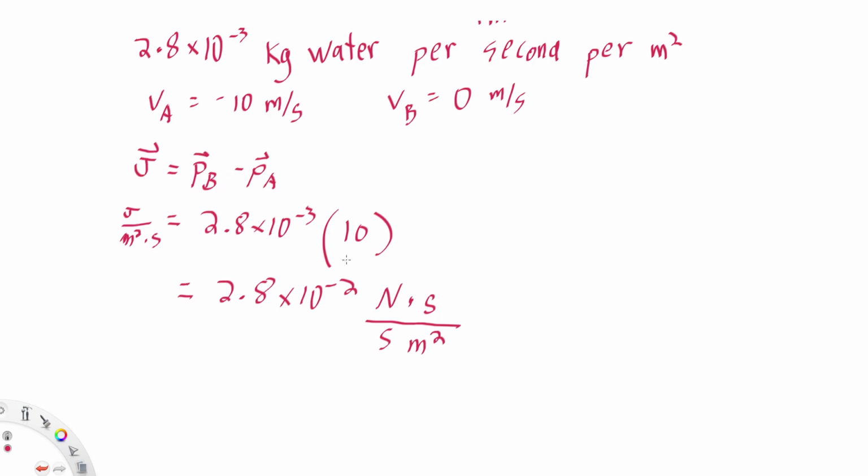So let's take a look at these units for a second. We have a second on top and bottom. The seconds on top is just from the units of momentum. The seconds on bottom comes from the fact that the mass we used was per second. So what unit is newtons per square meter? Newtons per square meter is an SI unit, and it's the SI unit of pressure, which is a Pascal.